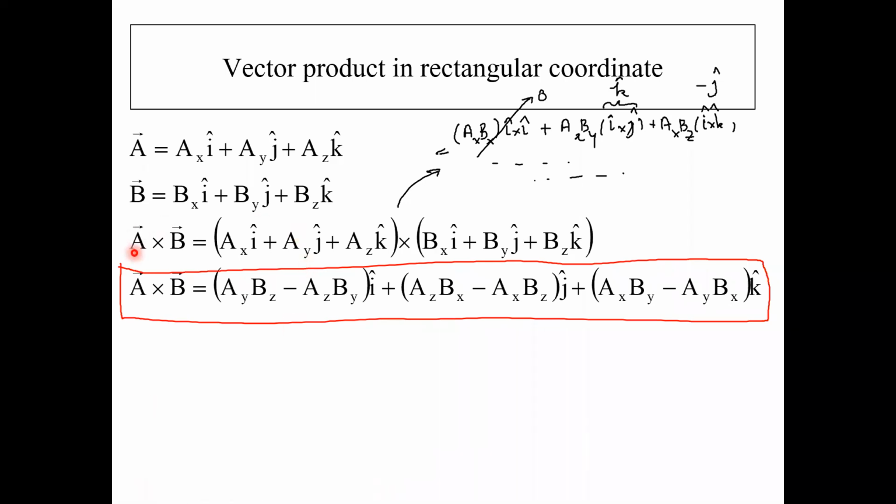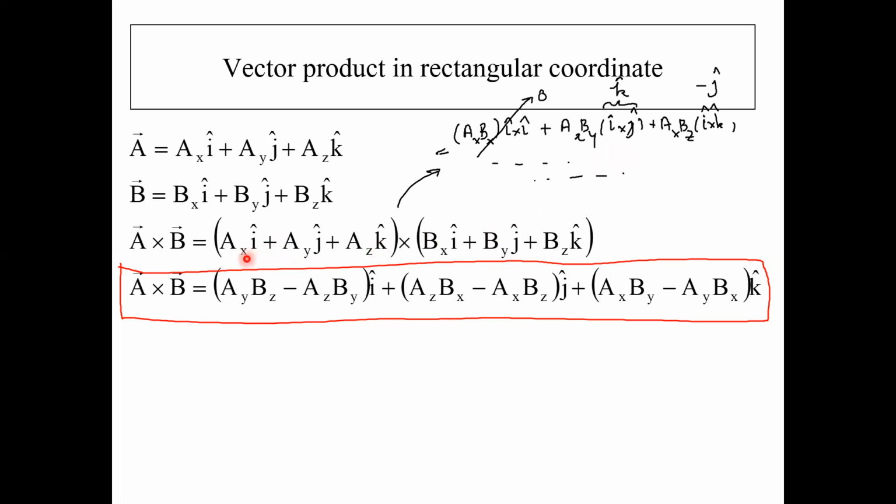You're just doing common multiplication, A cross B. What you get is nine terms: AX BX i cross i, AX BY i cross j, AX BZ i cross k. And because i cross i turns into 0, three terms go to 0.